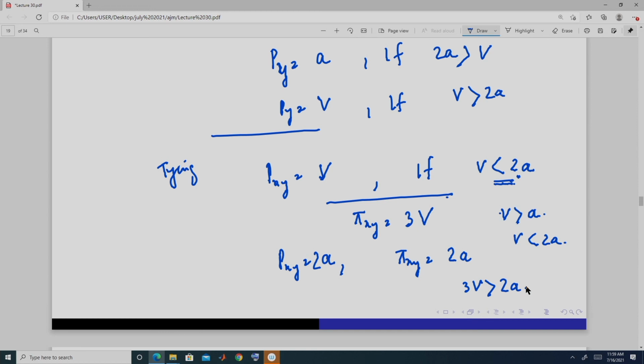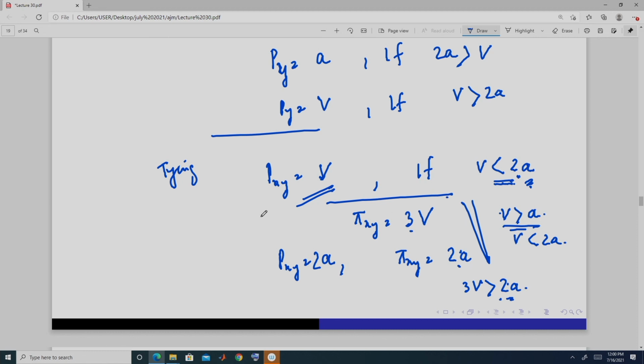Okay? Because from this condition we get this. Even if this is true, we will get this, right. So, if they tie, then the price is always going to be this, if this is true, and given this. If this is not true, then it is not going to get this. So, it will be only 2V. In that case also it is going to get 2V. So, it is going to be greater than this.